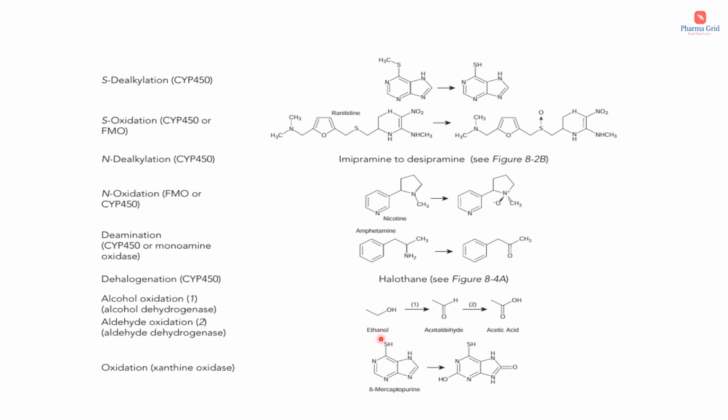Ethanol on oxidation gives acetaldehyde, and this acetaldehyde on oxidation gives acetic acid. So the enzyme responsible for alcohol oxidation is alcohol dehydrogenase, and for aldehyde oxidation is aldehyde dehydrogenase. And in case of mercaptopurine oxidation, the enzyme involved is xanthine oxidase.